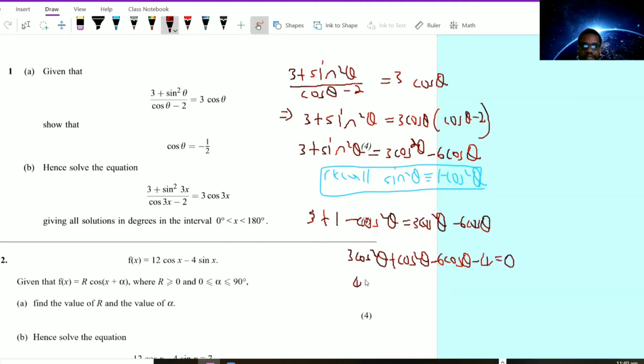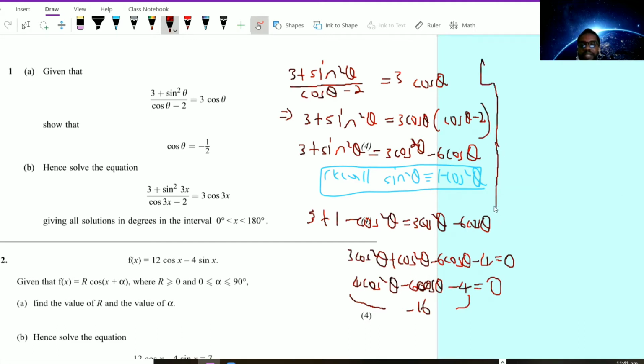So what we have here is 4 cos squared theta minus 6 cos theta minus 4 equal to 0. And you know we got AC on it. So 4 times negative 4 is negative 16. So I want two numbers now. When I multiply them, I get negative 16. But when I add them, I get negative 6, which is my B term. Because we're treating it like a hidden quadratic.